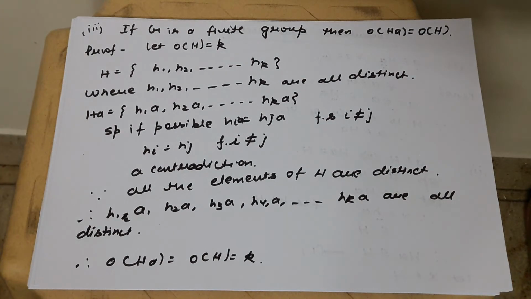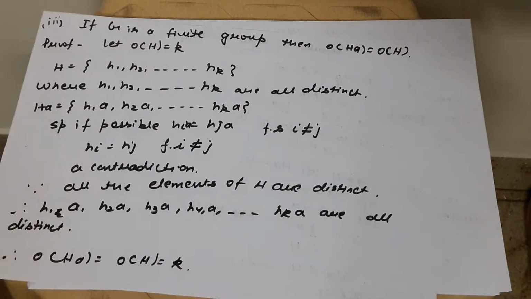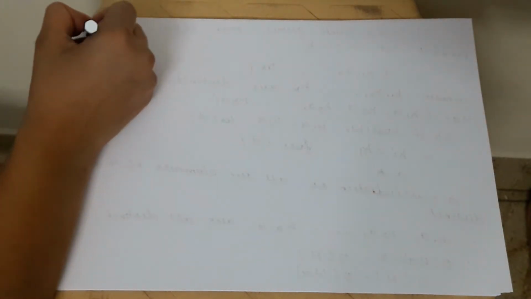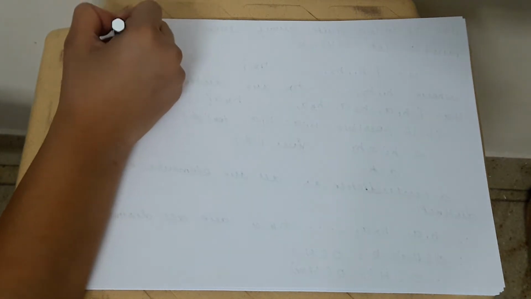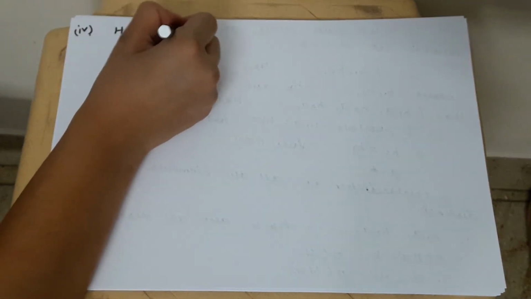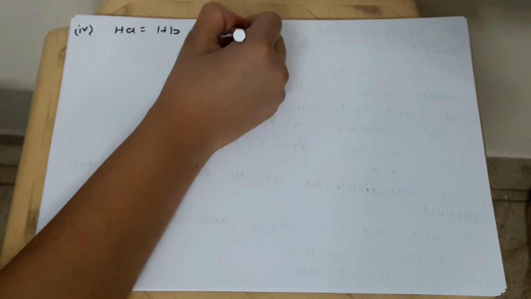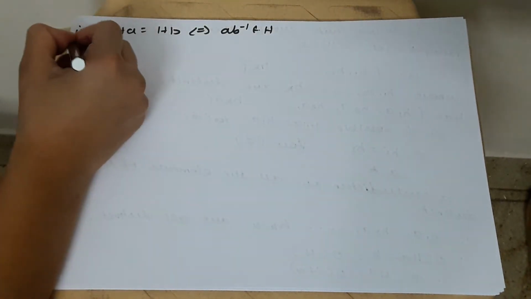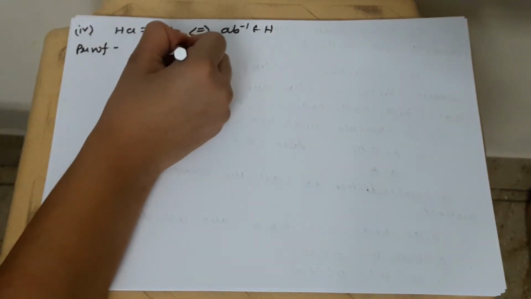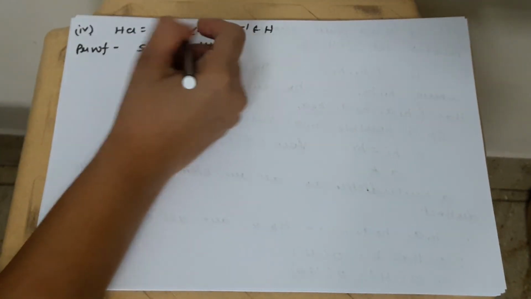Now, the fourth property, which some authors use as a theorem also, but in the book which I consider, I found this as a property only, not as a theorem. Ha is equal to Hb if and only if ab inverse belongs to H. So this is also an if and only if condition, so we have to consider both the given part as well as the converse part. Suppose Ha is equal to Hb.